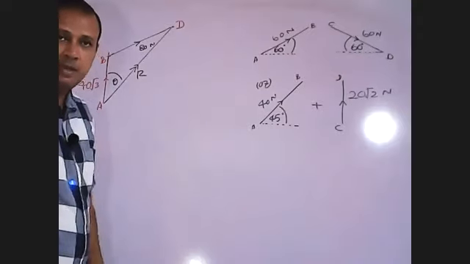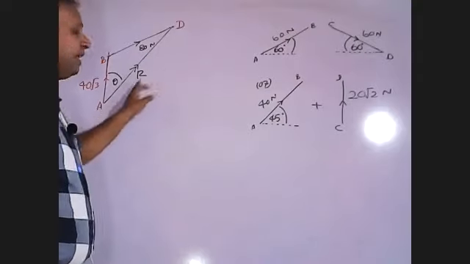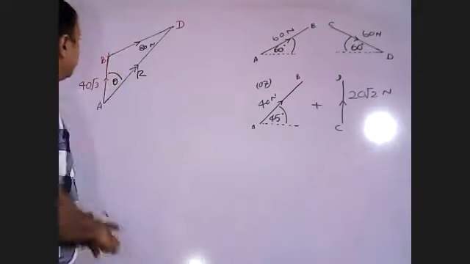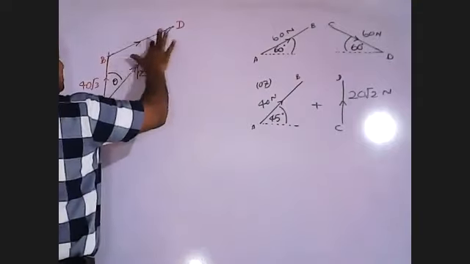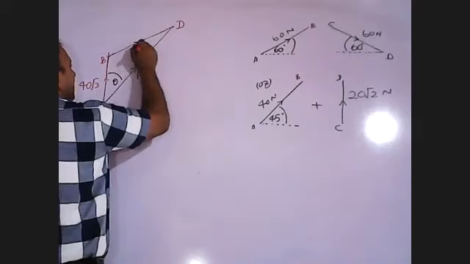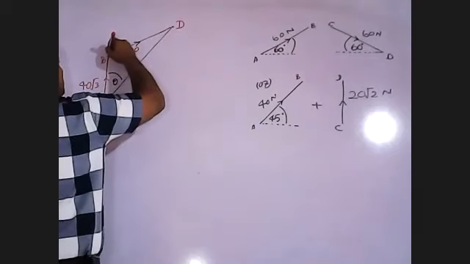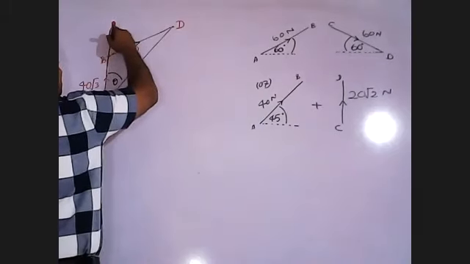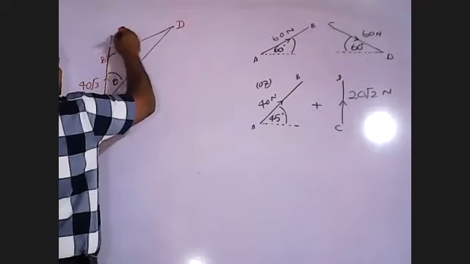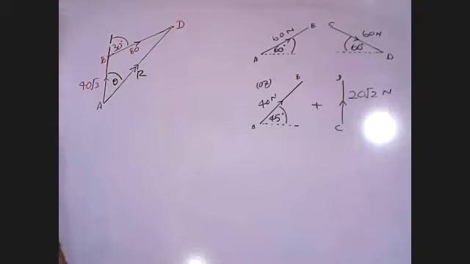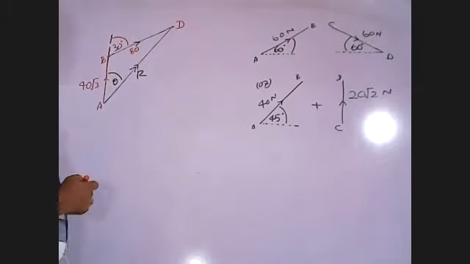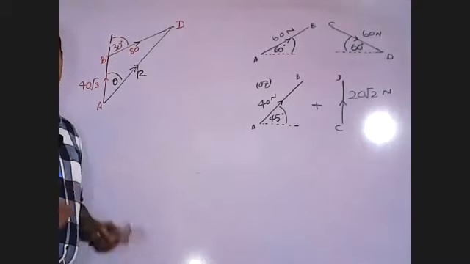You have to find the length of AD. In this case, you know this is 80 and this angle is 30. This is the only thing you know to find this value.